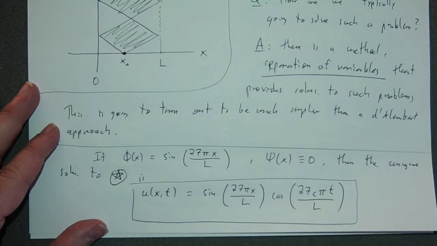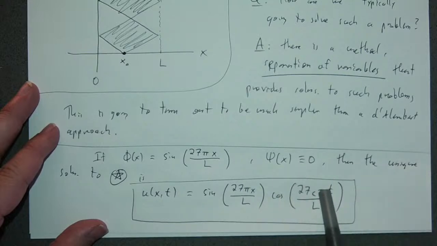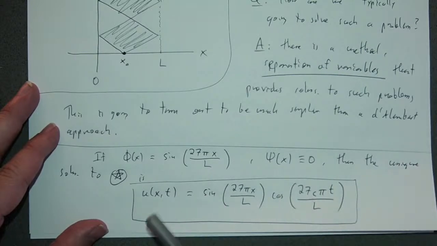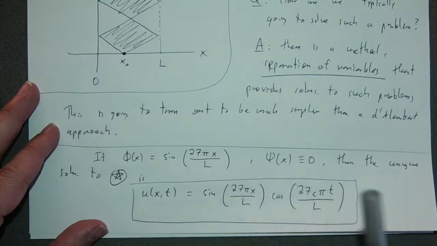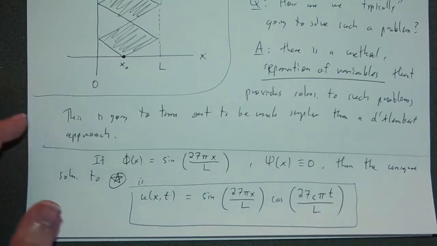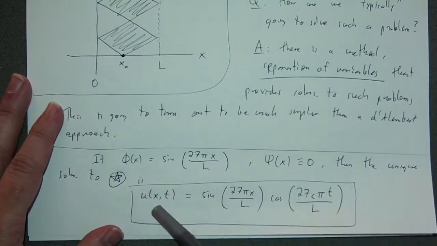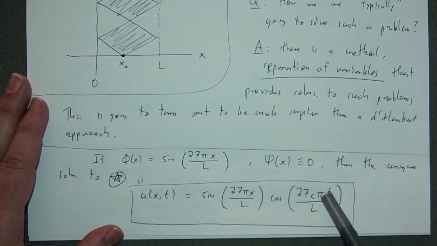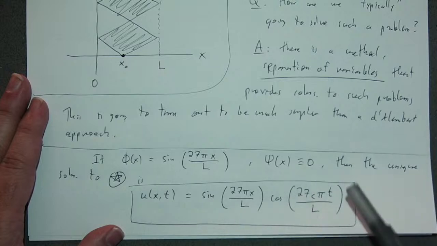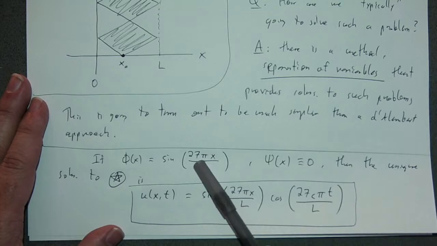I've sought a function where I can separate x and t in the solution as a product of a function of x and a function of t. In particular, for a fixed time t, this cosine is just some constant. So it's some constant times my initial displacement.